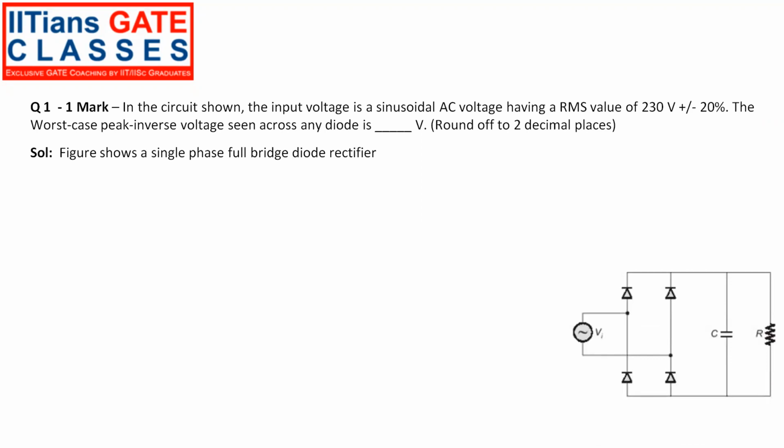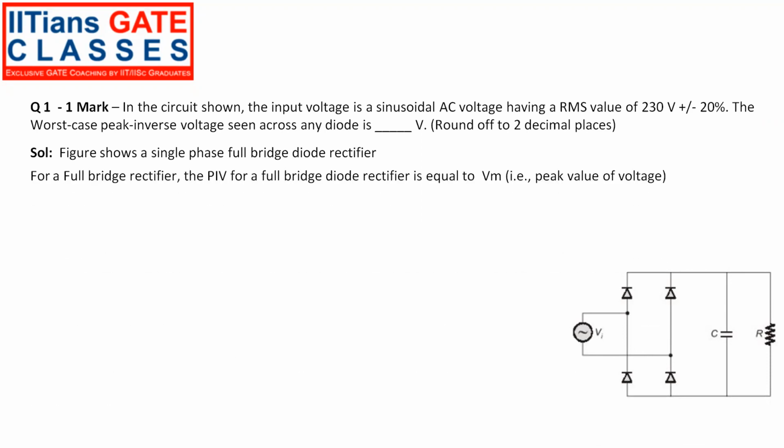So in a full bridge diode rectifier, the PIV rating of all the four diodes is the same and it is equal to Vm. Vm is the peak value of voltage. But they have given us the RMS value. So from the RMS value we can get the peak value of voltage by multiplying with root 2.